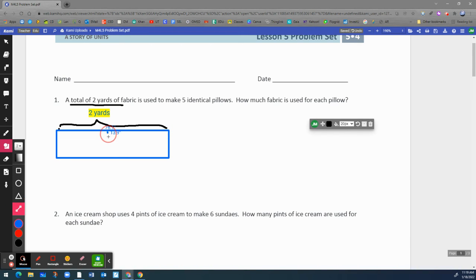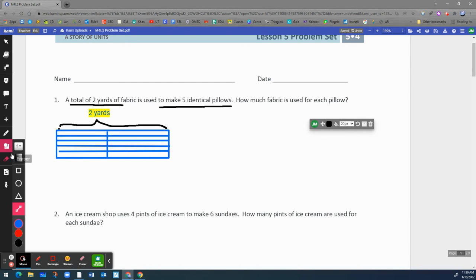So that should be divided into two, okay? So that's 2 yards. The next part says to make 5 identical pillows. So we're going to divide it to make 5 identical ones. And this is the way you would do it. You would fragment each whole into fifths.